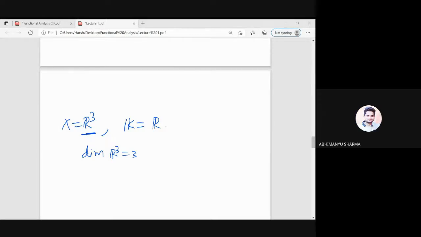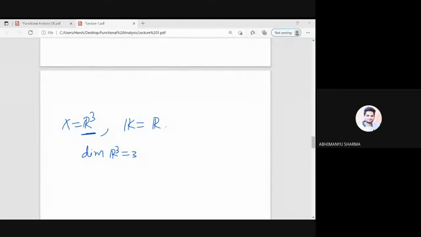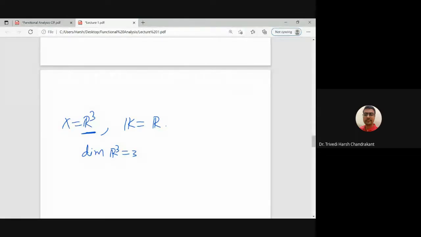We have to take three vectors which are linearly independent, and none of them can be written as a linear combination of the others. Exactly. So that is the next step. What I'm asking is, first of all, dimension 3 means its basis has 3 elements, right?